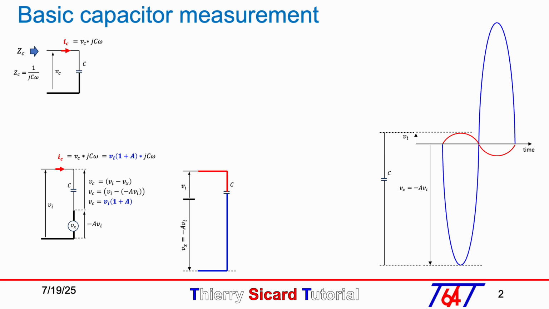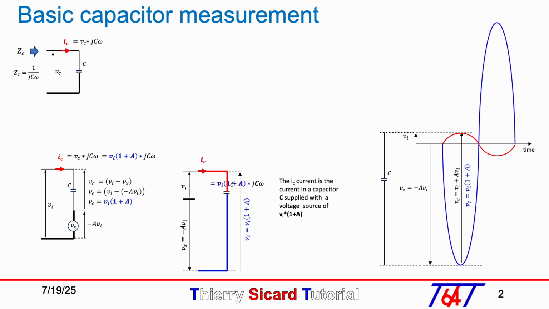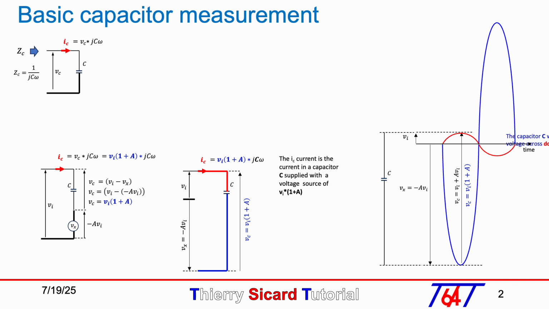The capacitor current Ic is a current in capacitor C, which is supplied by a source voltage equal to Vin times 1 plus A. This is reality. Capacitor C and its voltage Vin times 1 plus A exist.